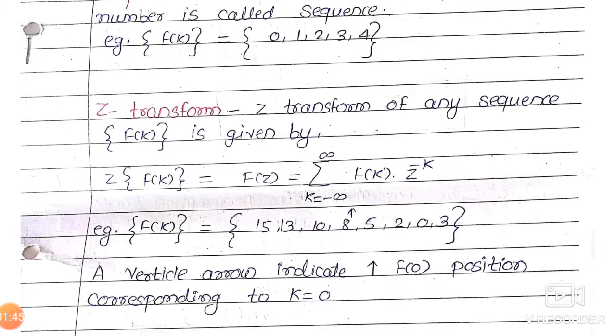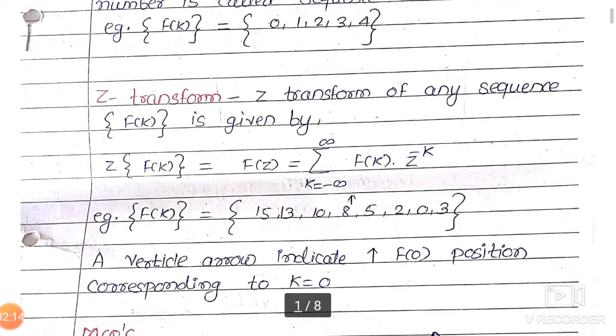Means 8 is the value of f at k equal to 0, and 5 is the value at k equal to 1. 2 is the value at k equal to 2. 0 is the value at k equal to 3. Similarly 10 corresponds to k equal to minus 1, 13 to k equal to minus 2, and 15 to k equal to minus 3.